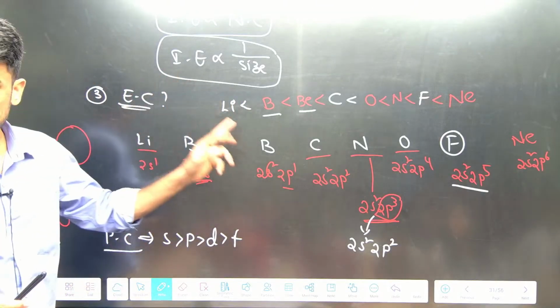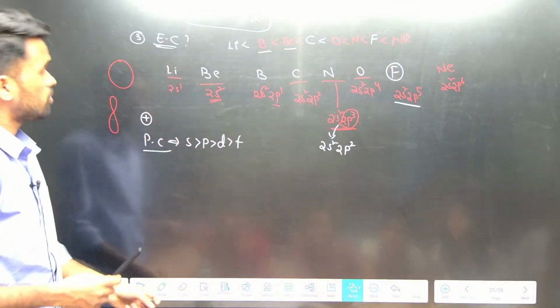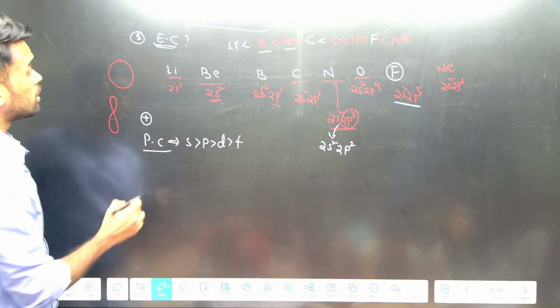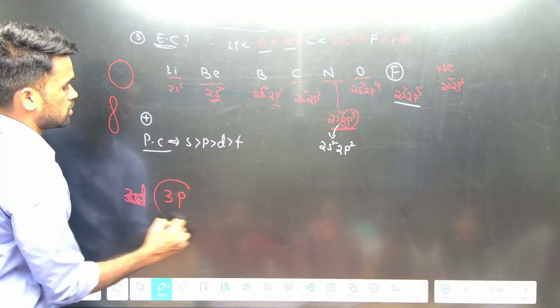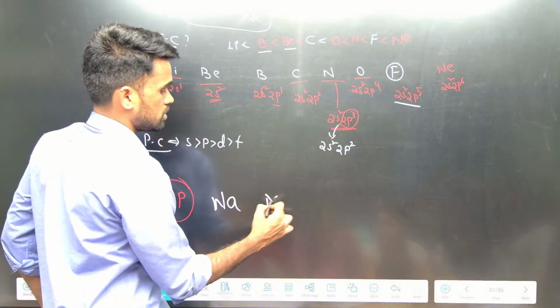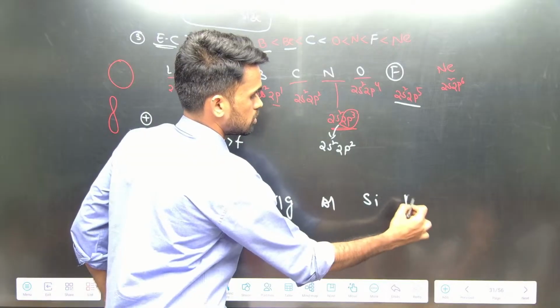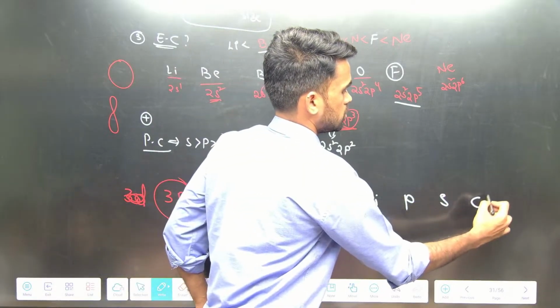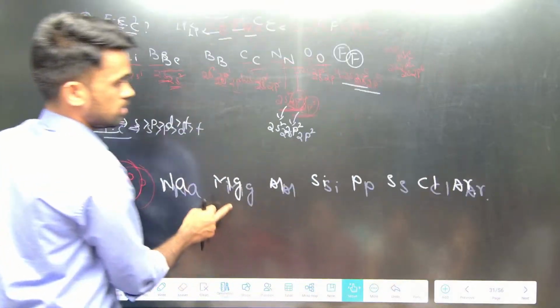Now you got this? So write this. This is for the second period elements. Now tell me with respect to third period elements. Lithium, down to it, sodium. Next. Tell me, what is the order?